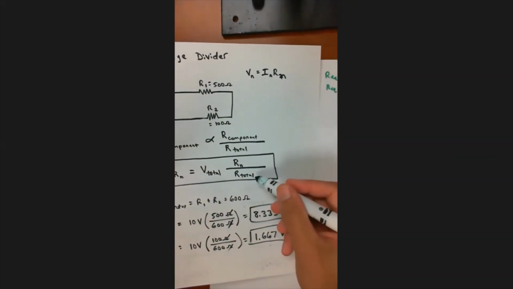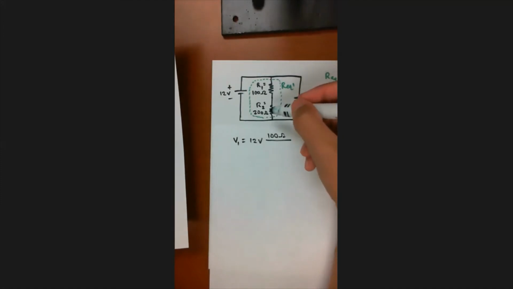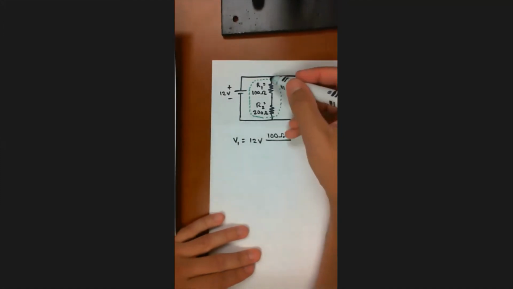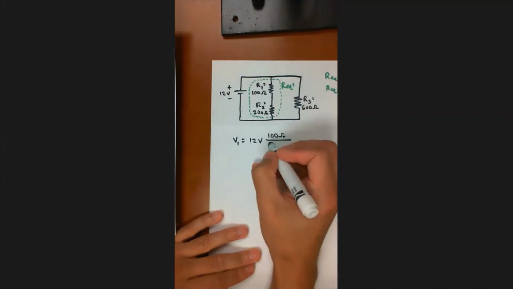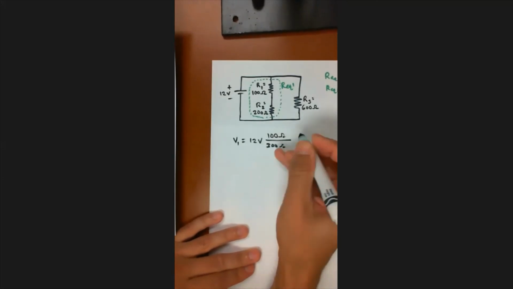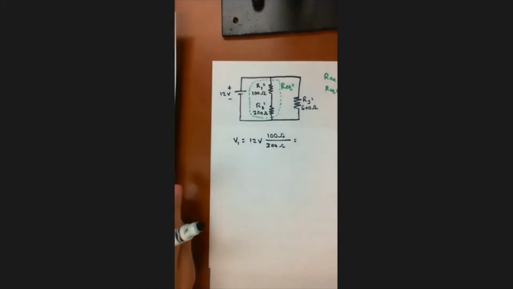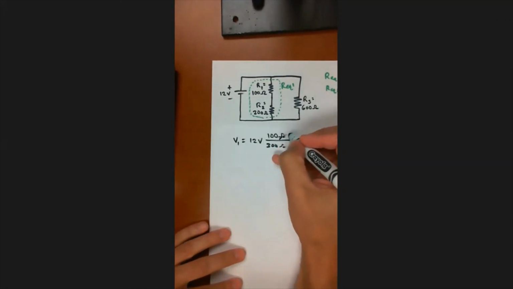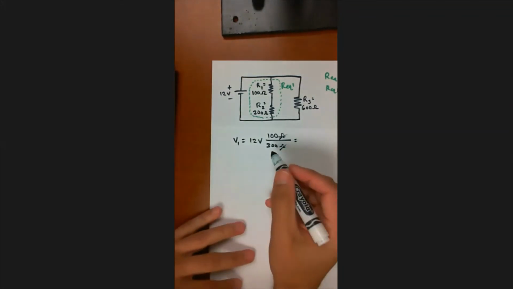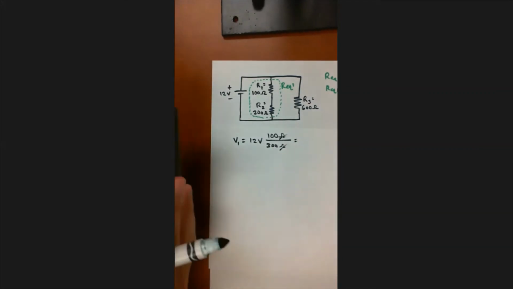Remember, that's just the resistance across this branch, because that's all we're looking at right now. So this branch has a resistance of R equivalent 1, which was 300 ohms. So what we're looking at is 1/3 of 12 volts, because our ohms cancel out, our hundreds cancel out, and if my math is correct, 1/3 of 12 volts is 4 volts, right?